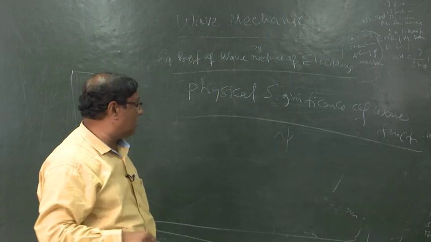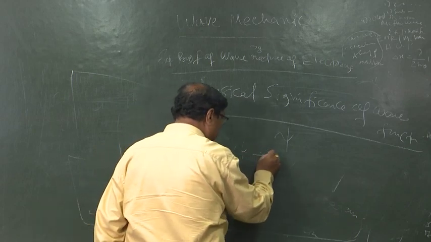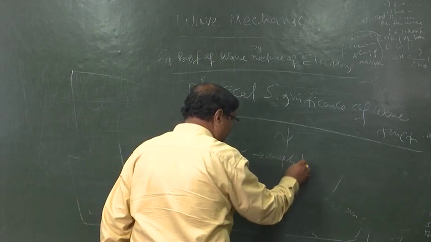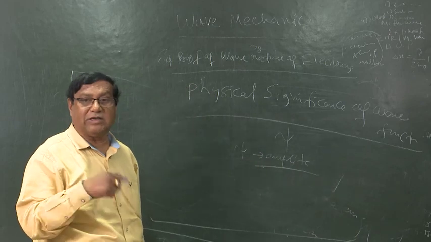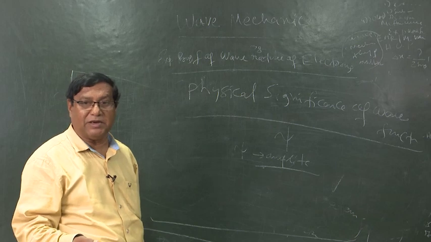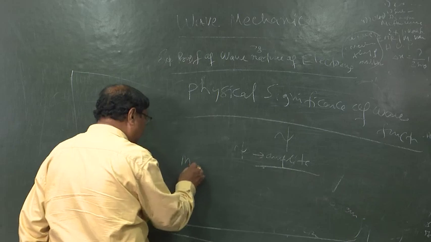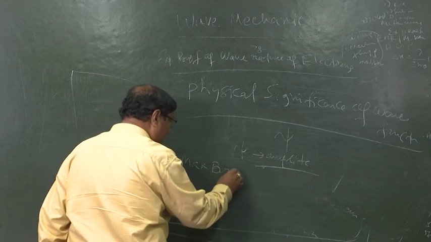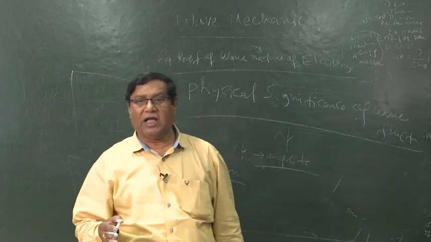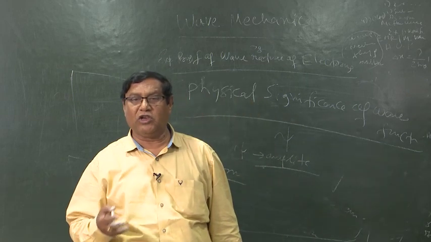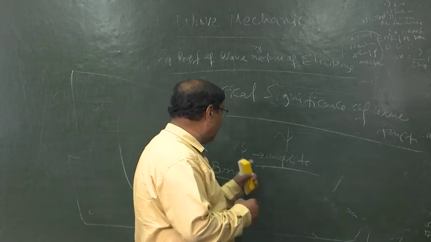Psi represents the amplitude, because y is replaced by psi, and y represents amplitude, so psi also represents amplitude. Now Max Born suggested that the amplitude of light as well as of sound gives a measure of the intensity of light or sound. Similarly, this principle will apply here.